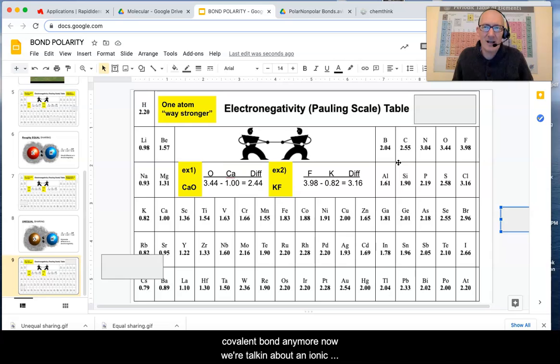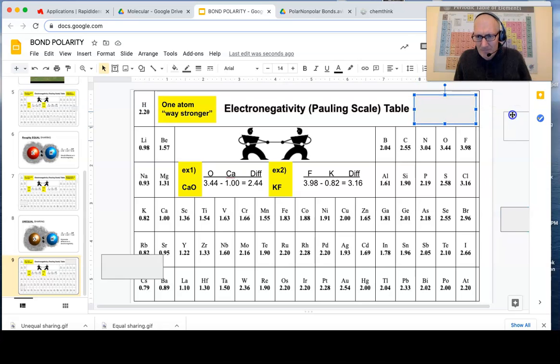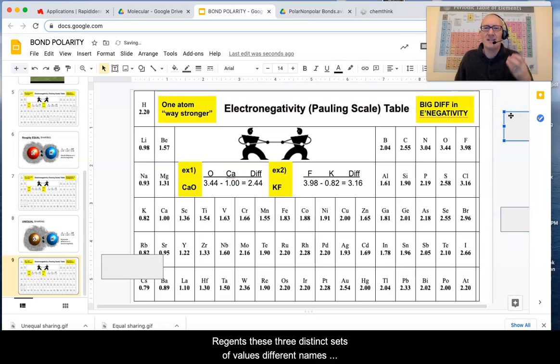Now we're talking about an ionic bond. The next video that you're going to look at gives these three distinct regions, these three distinct sets of values, different names here. So big differences in electronegativity is what's happening when we see a metal paired up with a non-metal.